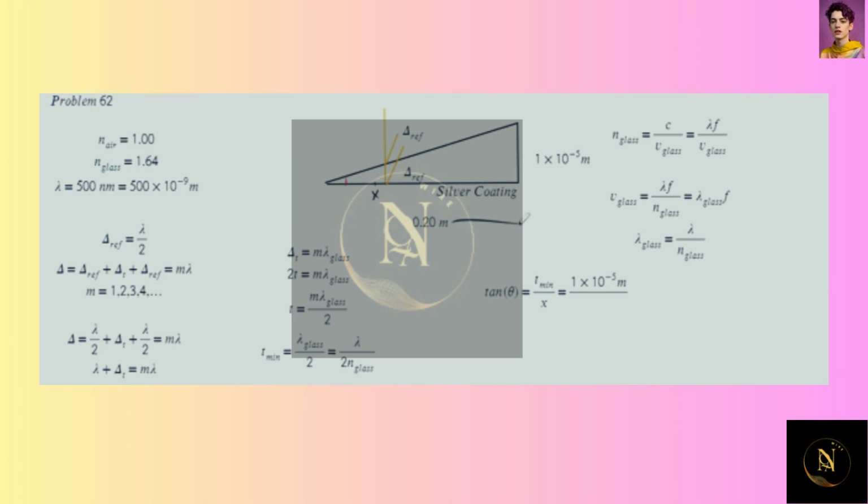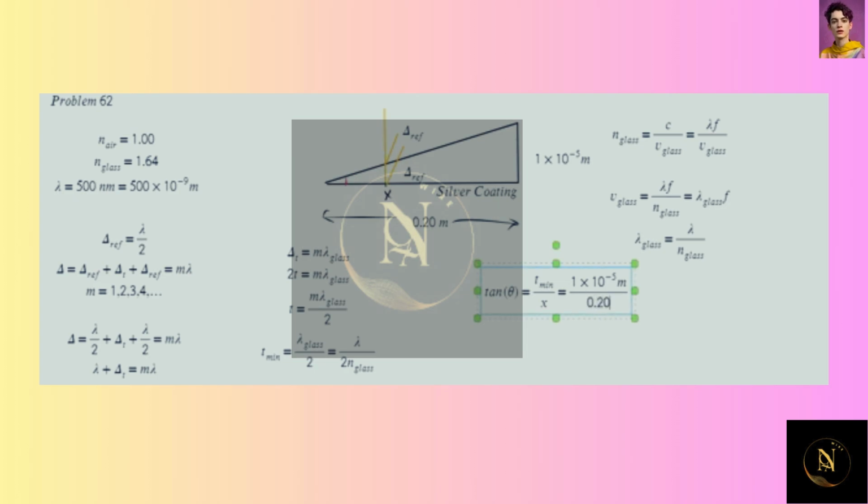That's this length here. So notice that due to similar triangles, opposite over adjacent between this height of the wedge and the length of the wedge is equal to t over x. So let's go ahead and move the x right underneath the t there, and let's put 0.20 here.